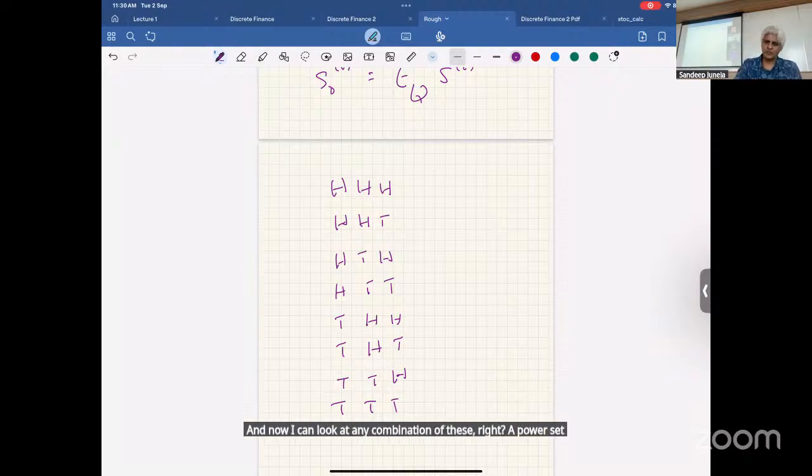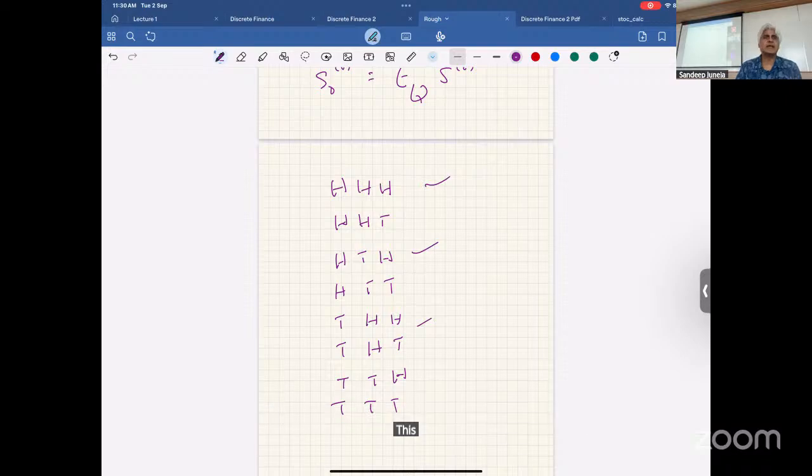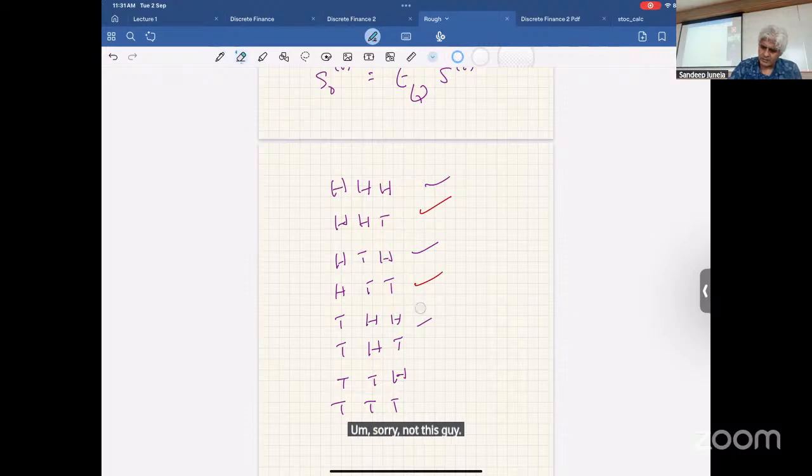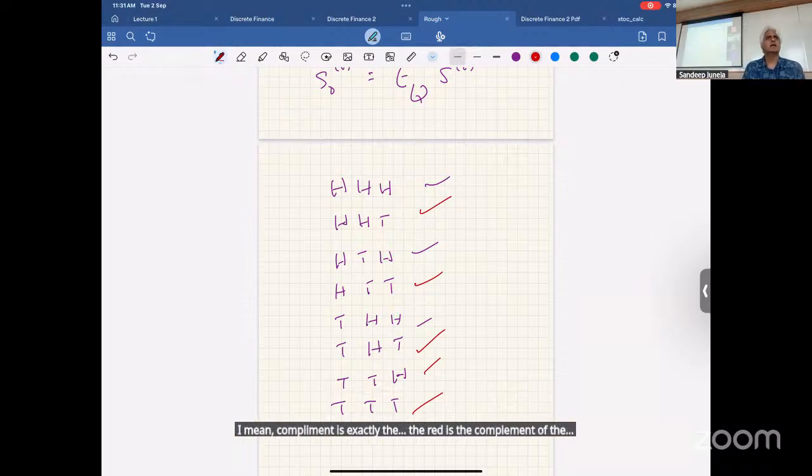So include this and this, I get one set. But then, because it's a power set, I also have a separate set, which is this. Sorry, not this guy. The complement is exactly the red is the complement of the violet here.